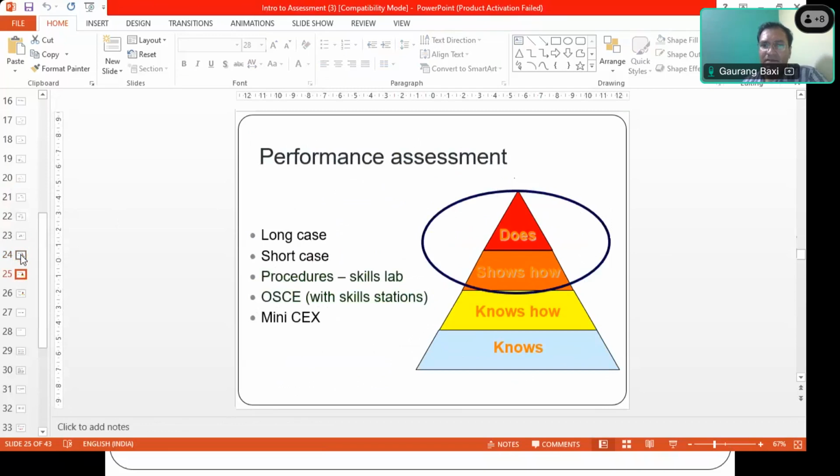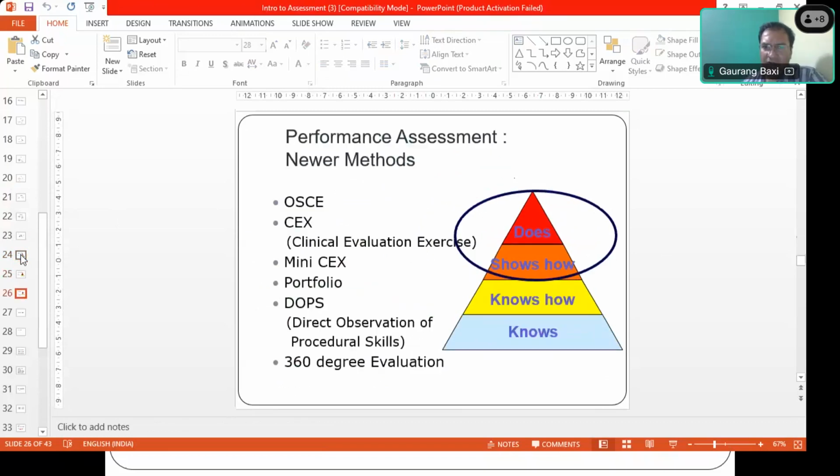Performance assessment, common methods which we are currently using, we discussed: long case, short case. We can have skill stations, we can have OSCEs. We will have a separate session on OSCE altogether. But we also have certain newer methods of performance assessment, which are again real time.